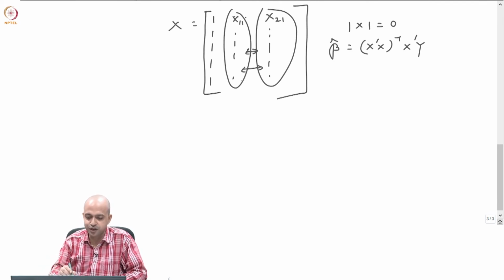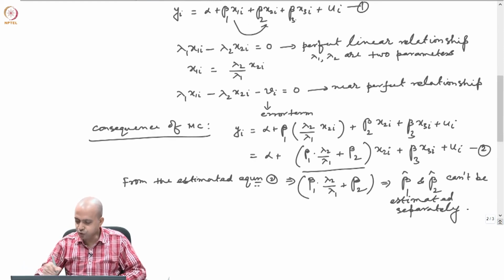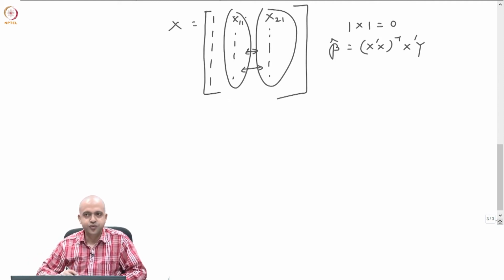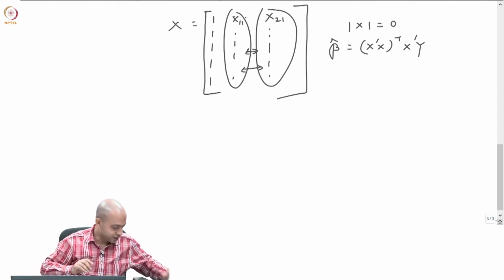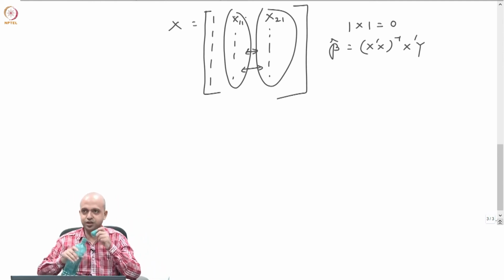Perfect collinearity exists between these two columns. So from this matrix approach, you can easily understand that when there is perfect linear dependence, your model cannot be estimated.